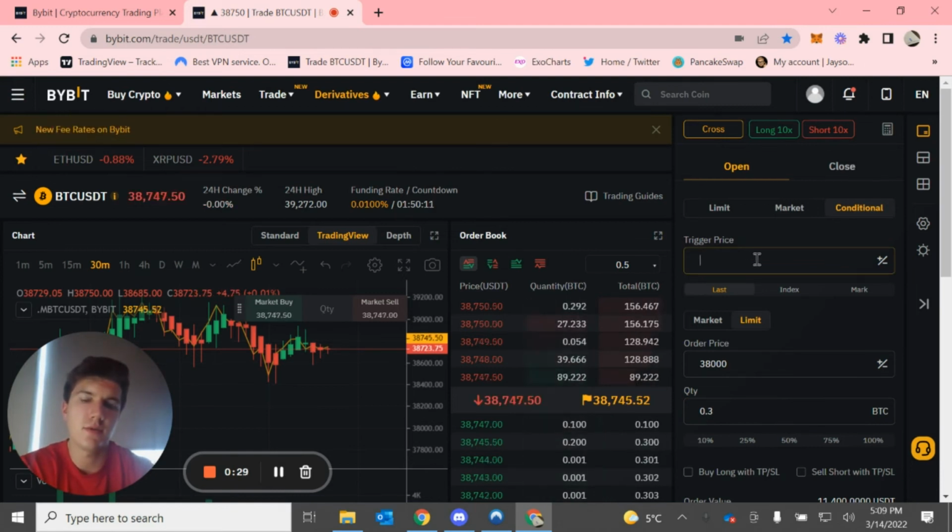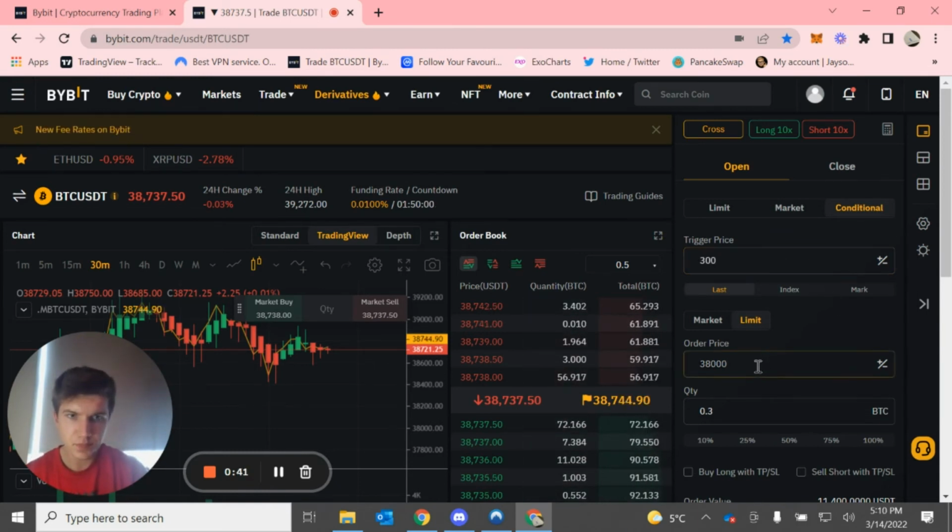Now the trigger price can be looked at as like a stop loss towards that 38,000. So let's say you enter a $300 price. It will set a stop loss at 37,700. And so it will get you out of the trade if price does go below that level.